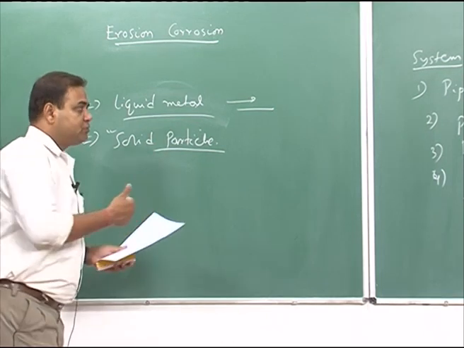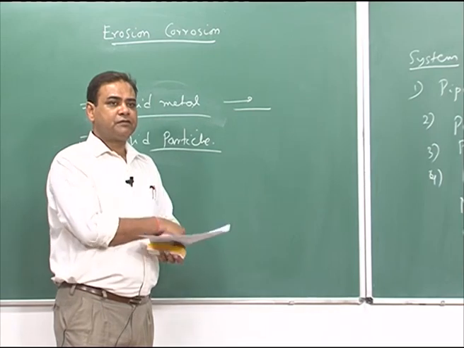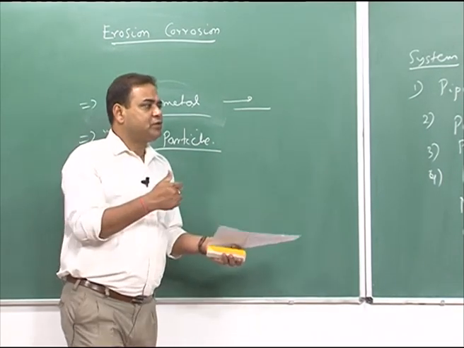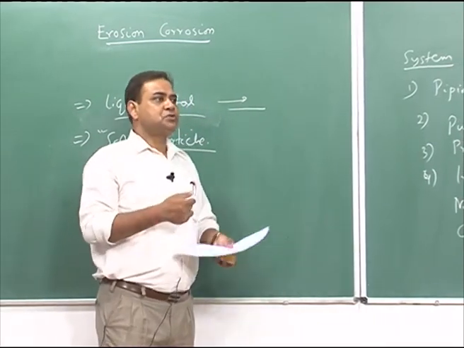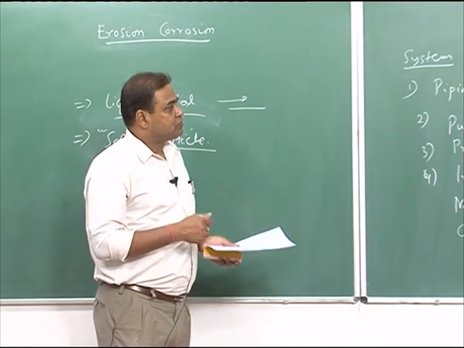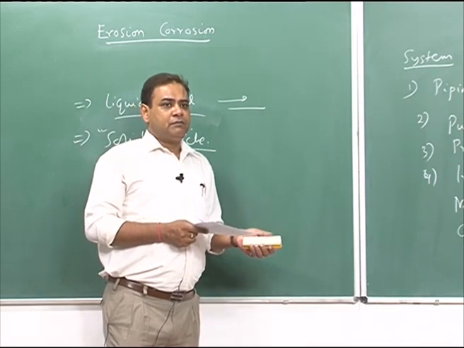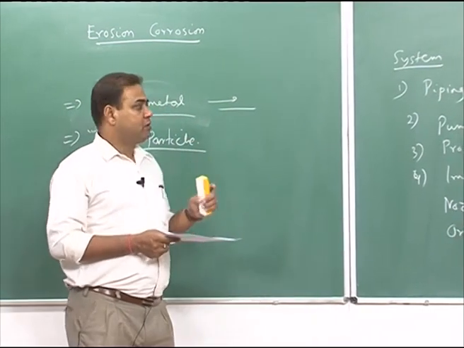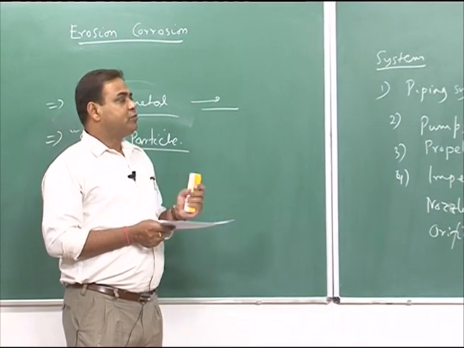Before I come to the different factors which will affect erosion corrosion, let me mention that we may have very good laboratory data for a particular metal or alloy system showing very good corrosion resistance, but it may not be true that the system will show very good corrosion resistance in a moving system, or whenever you have a relative movement of the liquid it handles.